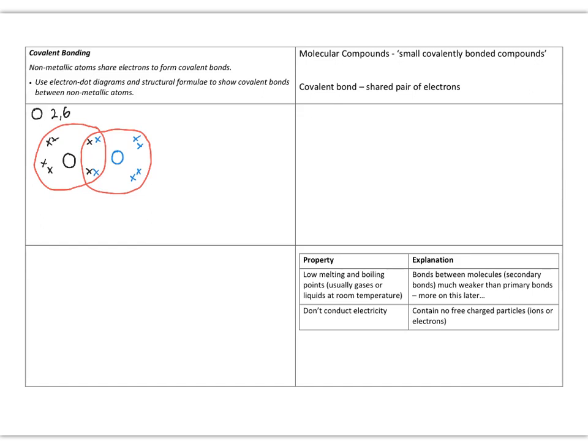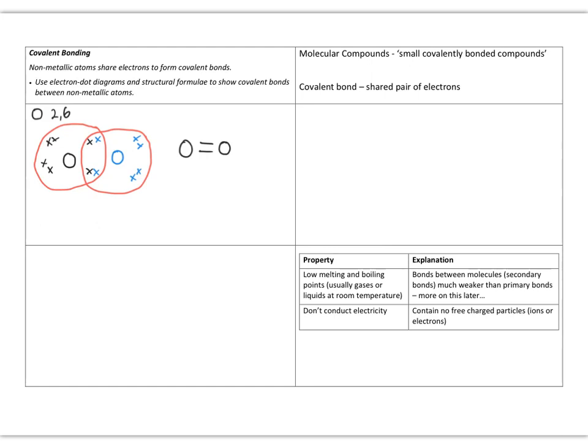And we have 2 shared pairs of electrons, which effectively means we have what's called a double bond. A covalent bond is a shared pair of electrons. A double bond is where we have 2 shared pairs of electrons. That is our electron dot diagram there. Then that is our structural formula showing how those 2 atoms are bonded, and basically each line represents a shared pair of electrons.